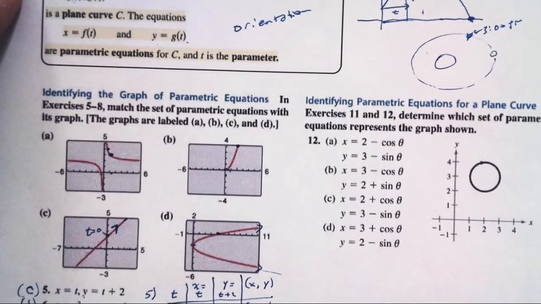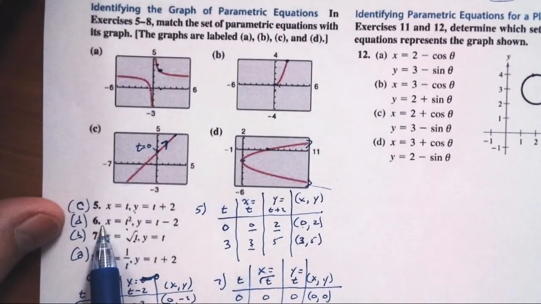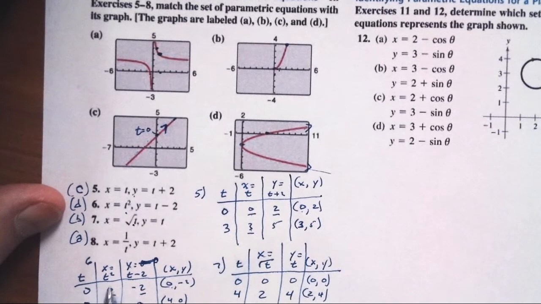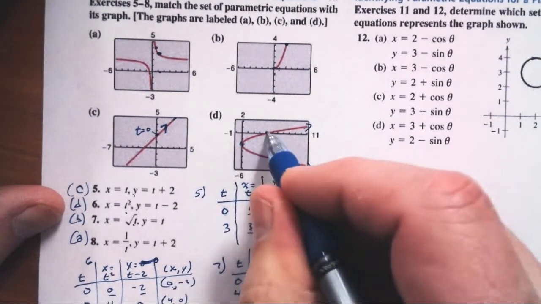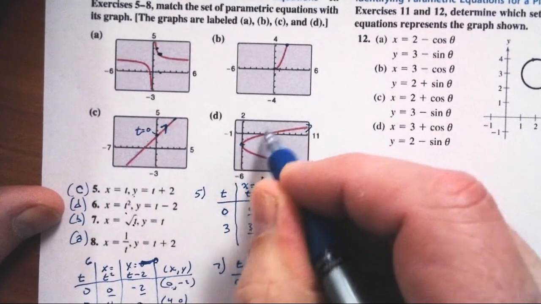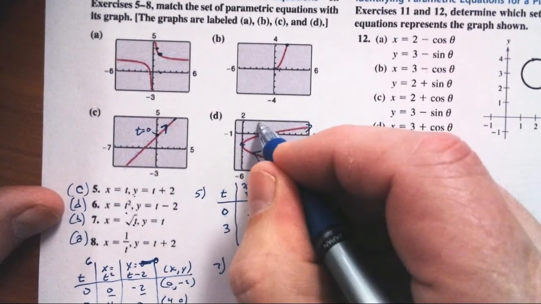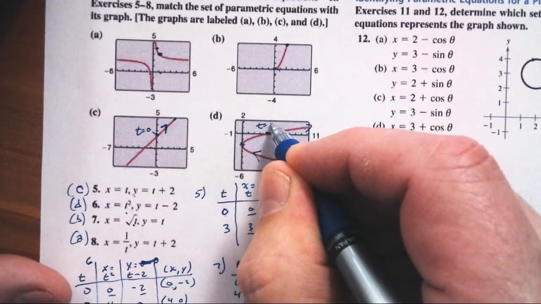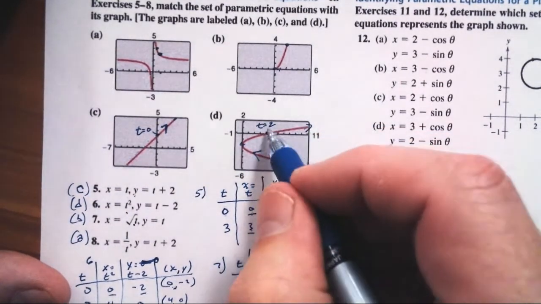Okay, so if we look at 6, which is graph D, 6 we went from 0, -2, and the next point we got is 4, 0. So we are moving in this direction. You could put it here. We could put a t equals, that would be t equals 2 there.